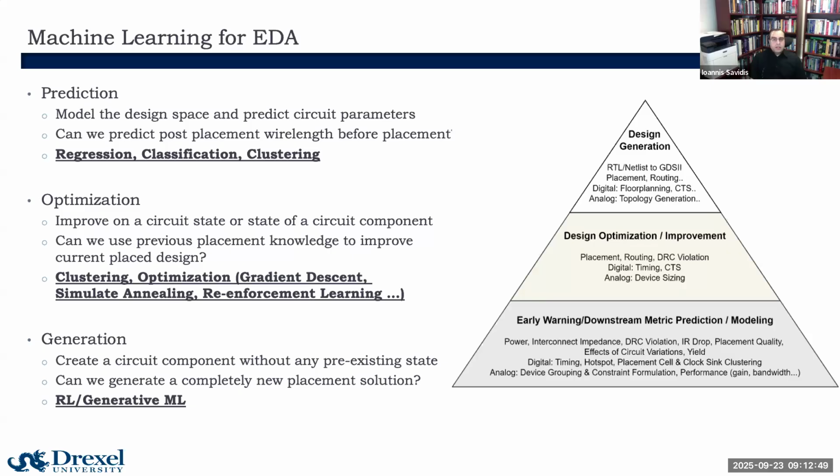Note that the application of these algorithms is fluid, with some algorithms applicable to multiple categories of tasks. I think clustering is used for both prediction and optimization tasks, or reinforcement learning used for both optimization and generation. So again, it's a floating spectrum of where you can use the algorithms within prediction, optimization, and generation.